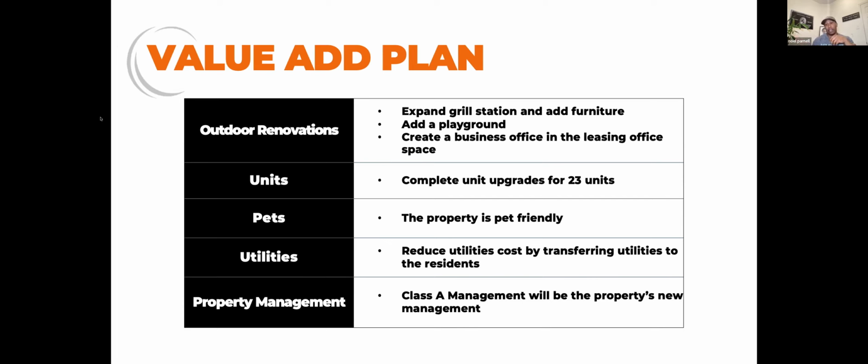And then the key is property management. Property management is key to the success of your business plan because they are the ones executing. There's always a big difference between property management and asset management. The asset managers manage the property managers, and the property managers manage the building. So that's always key. Can we get the next slide?